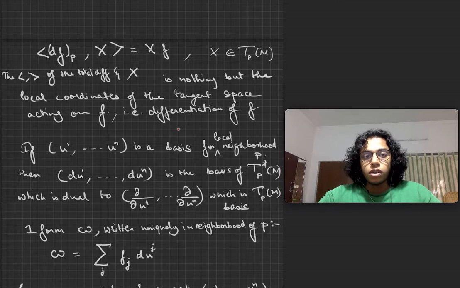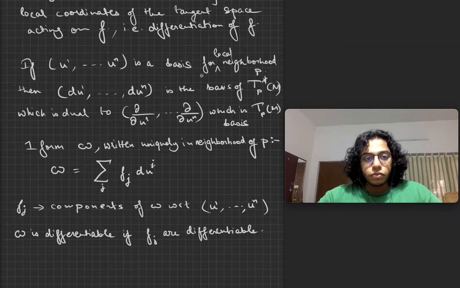The angle bracket is defined in such a way that you have x of f. So basically you are taking the derivative of this function at this point. x is the operator acting on f, so you are looking at the derivative along x at the point p.